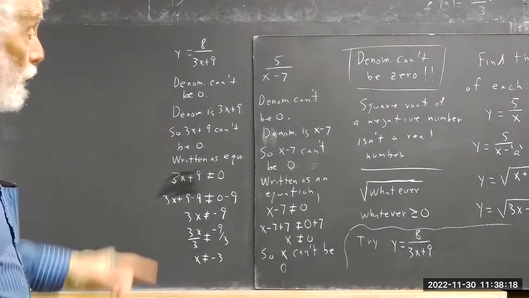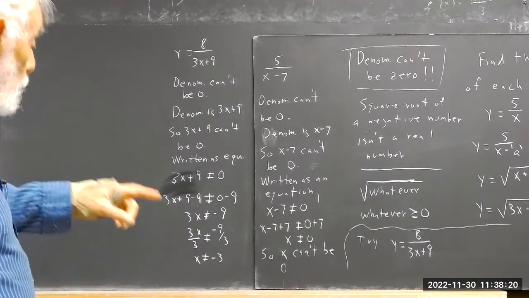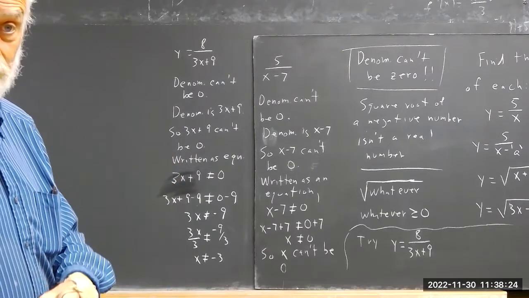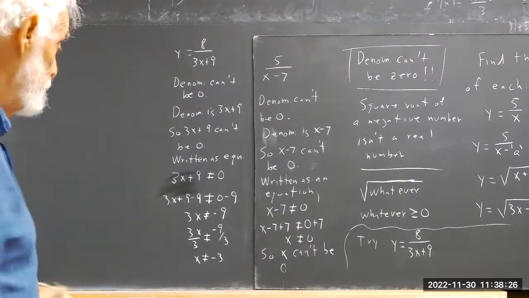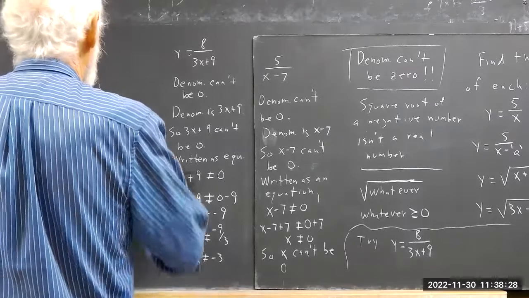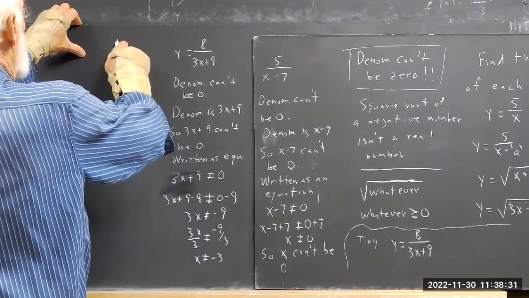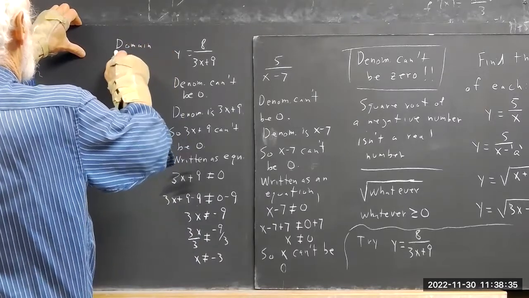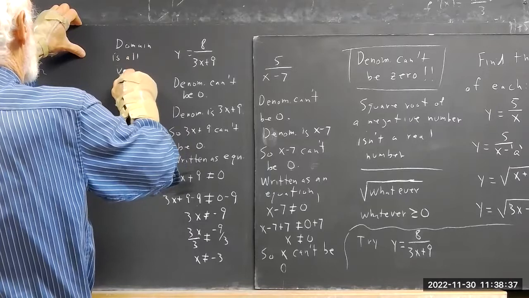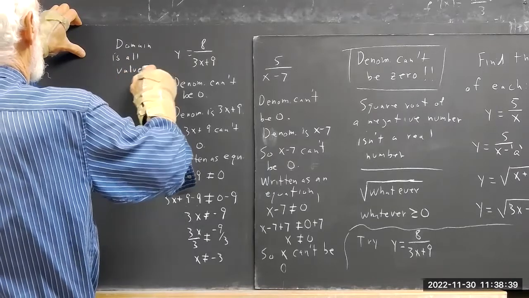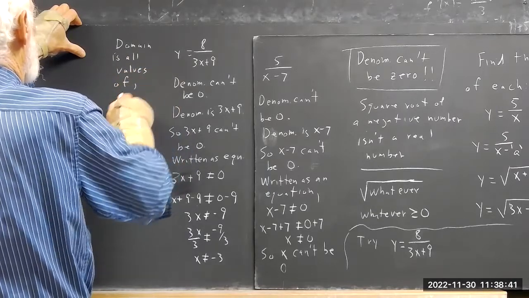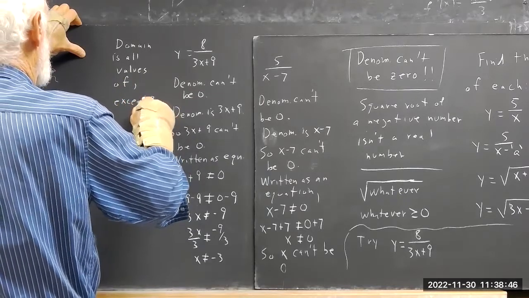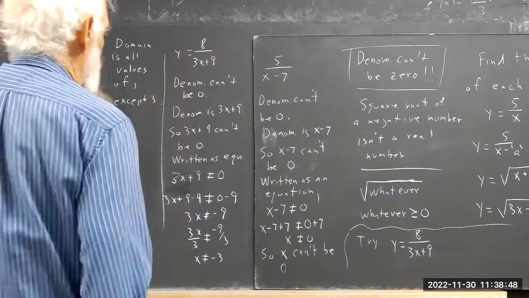Okay. Now our conclusion is the domain consists of all values of x except 3. Why is that?